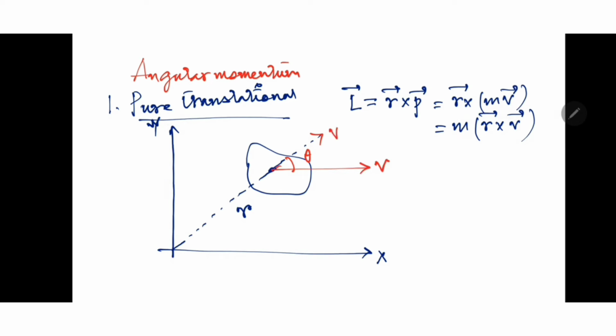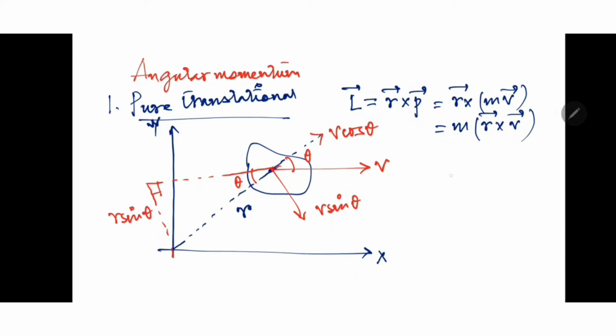So along this the component is v cos theta, that is v parallel. Along this the component is v sin theta, that is v perpendicular. This angle is also theta. Here draw a perpendicular. This is r sin theta.